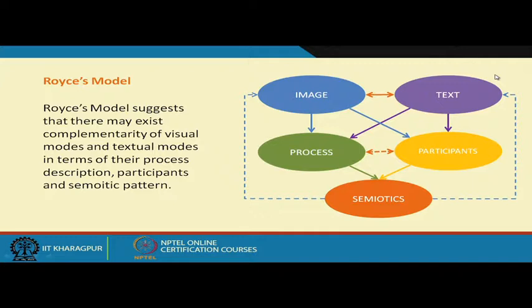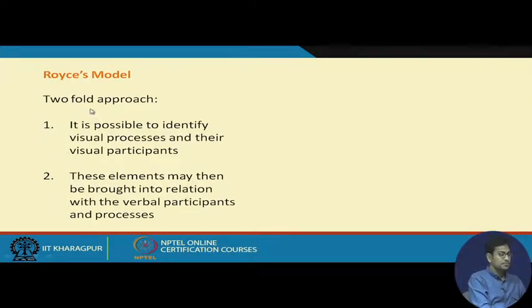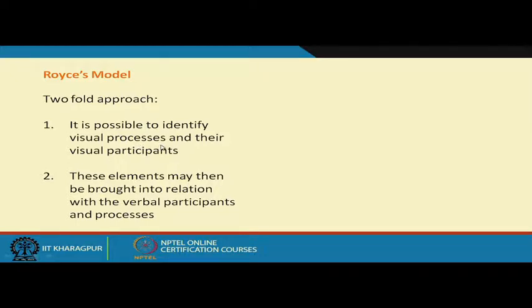Now, what precisely Royce is talking about is a twofold approach. Let us look at the twofold approach which Royce talks about. The first approach is that it is possible to identify visual processes and their visual participants. So, what is the first step that you should take using Royce's model when you are looking at imagery? You identify the participants.